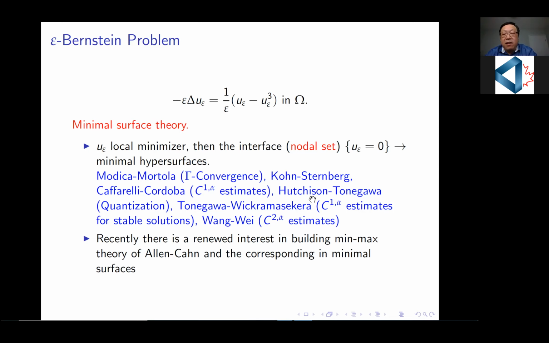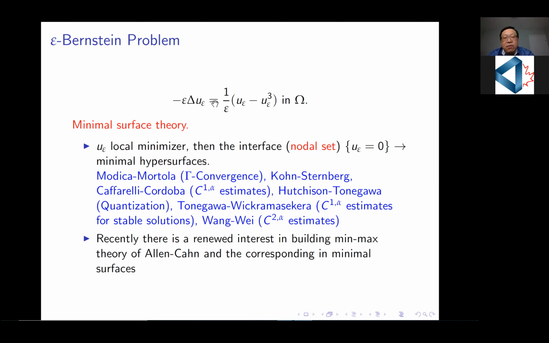Also Hutchinson and Tonegawa gave quantization of the energy, and Tonegawa and Wickramasekera proved the C^alpha estimates for stable solutions. And with KD1, which I'm going to mention later, we obtained the C^2,alpha estimate. So this is such a simple problem.